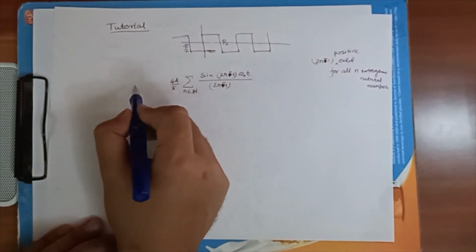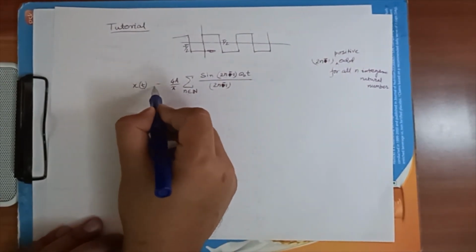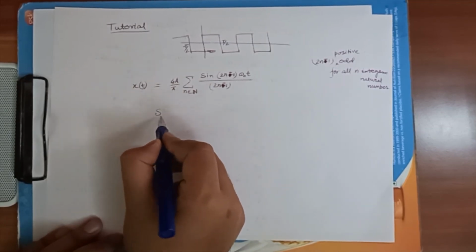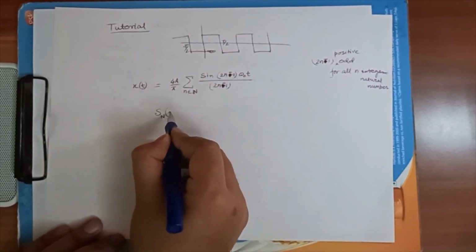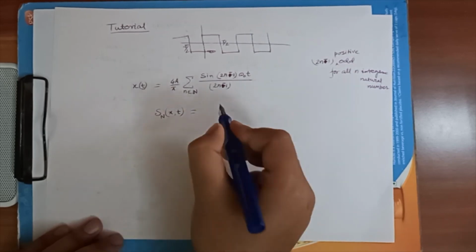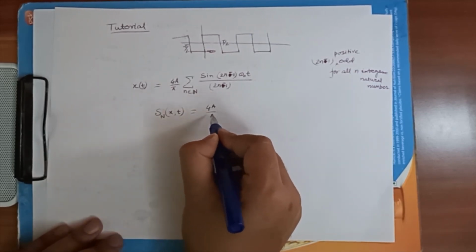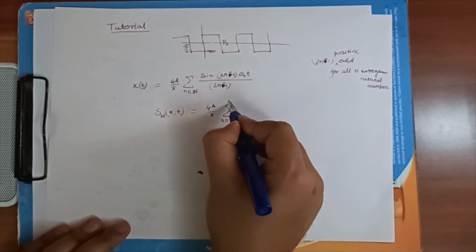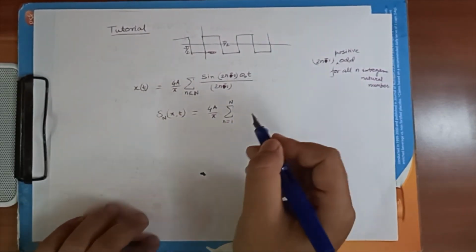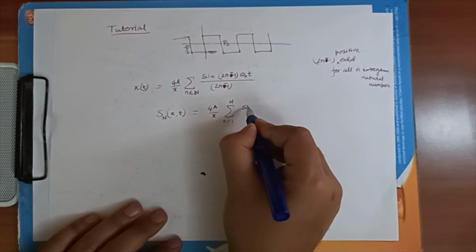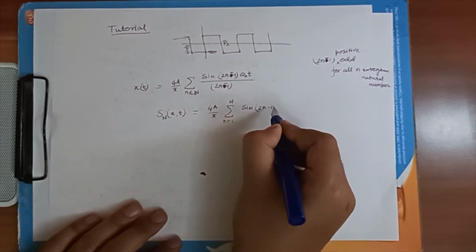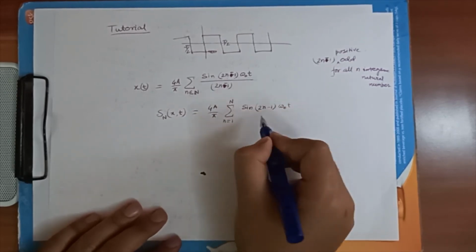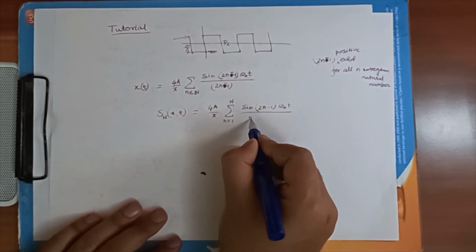This is your x(t) definitely, but you study S_N x(t), that is 4a by pi summation n is equal to 1 to capital N. So here you are taking just capital N terms, that's fine: sine 2n minus 1 omega 0 t divided by 2n minus 1.